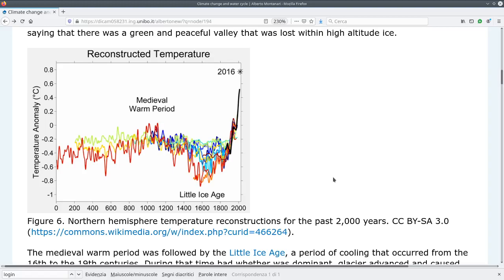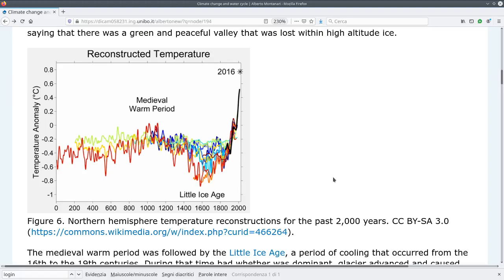In particular, the changes that have been observed and witnessed in vegetation, given that it was a long period of warming, are relevant. So it is believed that woods in the Alps extended much higher than today, which means that the temperature was significantly warmer.